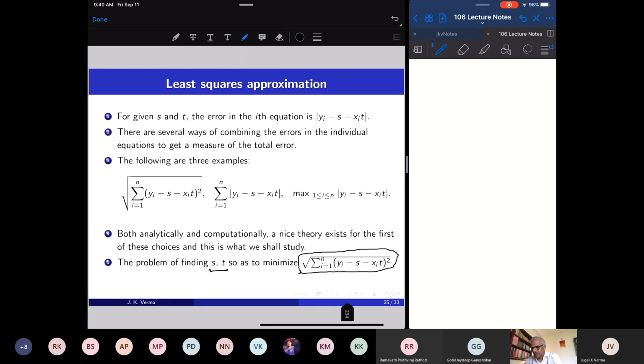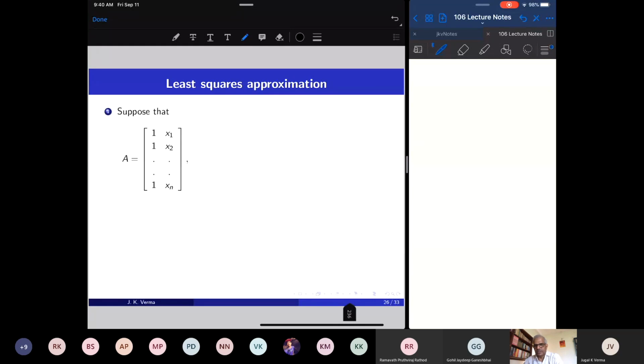But we want to approach this problem through linear algebra, through matrix analysis. You could use calculus and find out s and t, but I want to illustrate the power of linear algebra to do this. So let us formulate this problem in the linear algebra language.